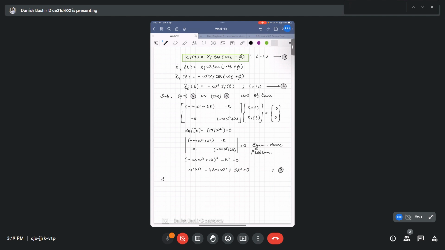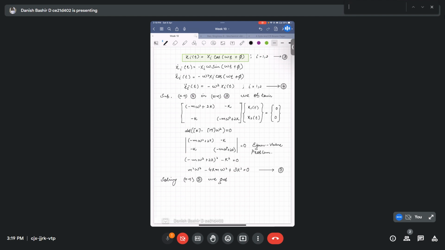So solving equation 5, we get two values for omega.